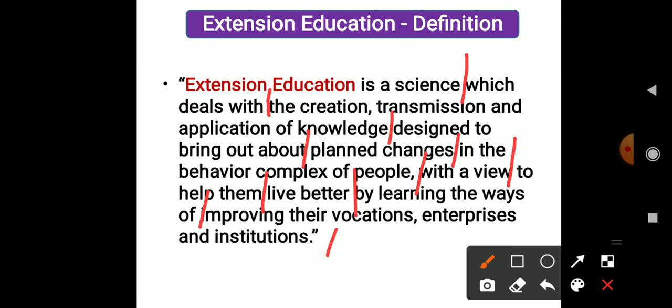Very big definition, but it is very easy to understand. Once you make parts of this definition this way, and put logic in those parts, you are easily able to remember it.